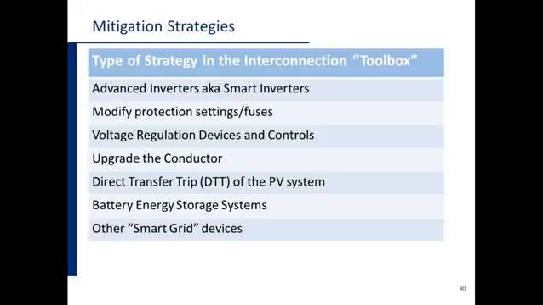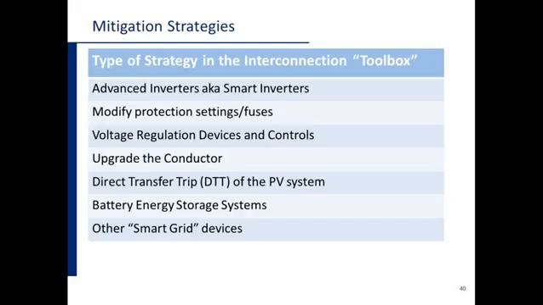That, along with the next one, direct transfer trip, which is required by some utilities that we're familiar with, can also be a very expensive mitigation strategy. The point of direct transfer trip is for the utility to send a signal to the PV system to drop offline in the event of some kind of problem.